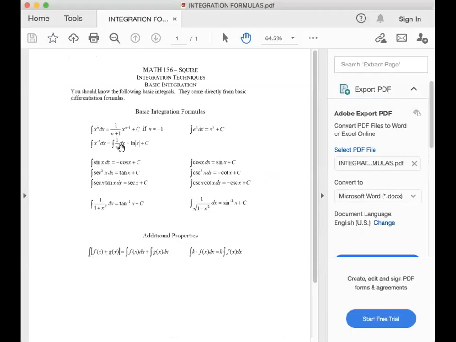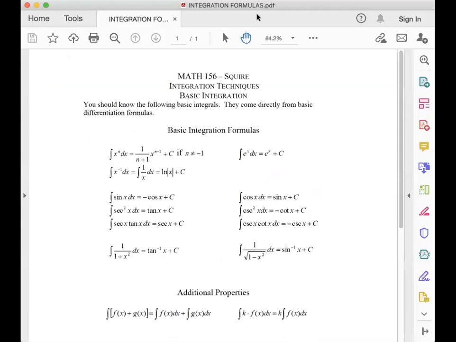And so you should see this. And on this, you've got a bunch of integration formulas that come directly from the derivative rules from Calc 1. And x to the n dx is the one that we've talked about a lot already. X to the -1, I guess I went ahead and rewrote it like that, but normally we'd rewrite it as 1 over x, and then that becomes natural log absolute value of x.